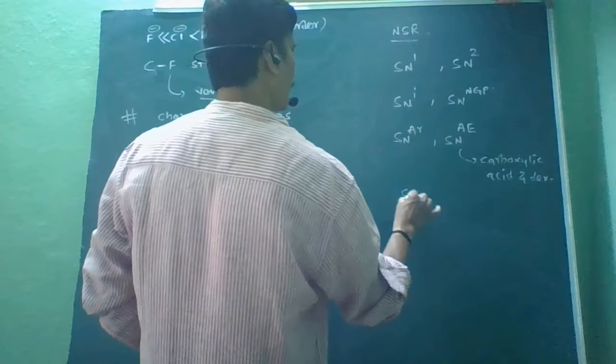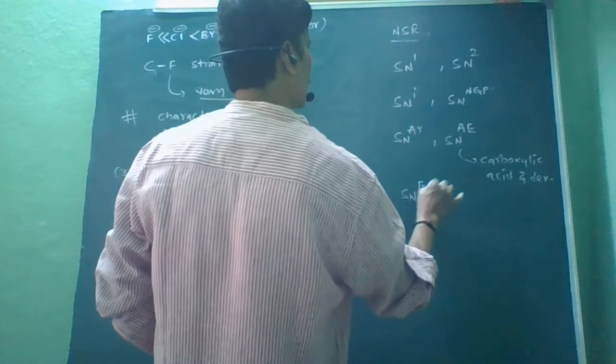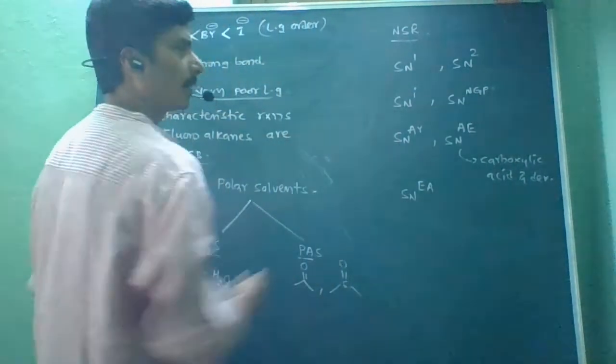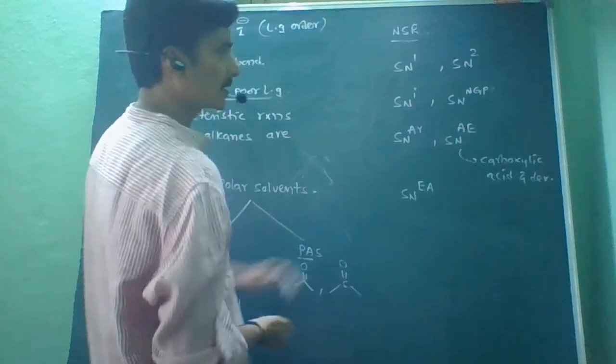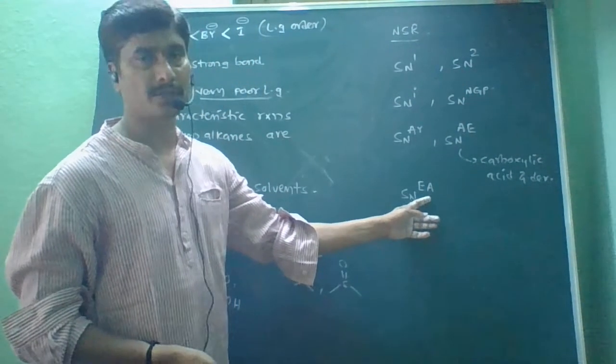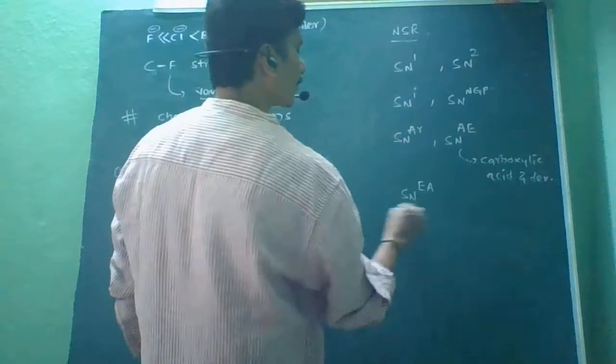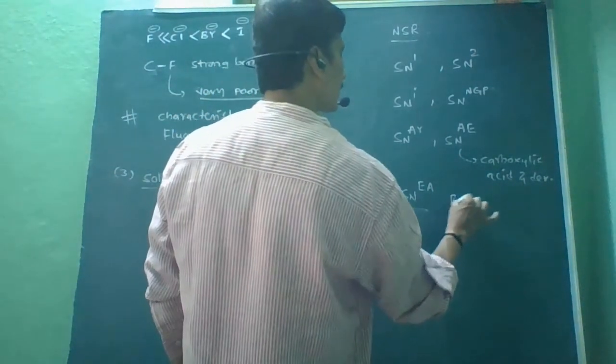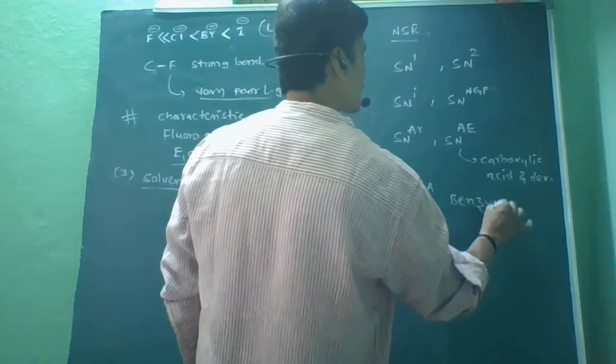One more, that is SNEA, opposite to this reaction. It is not addition and elimination, but elimination and addition. It is a special type of nucleophilic substitution reaction, individually named the benzyne mechanism.